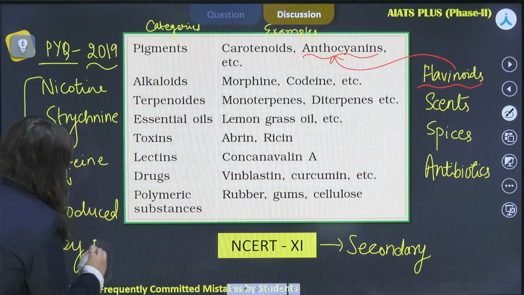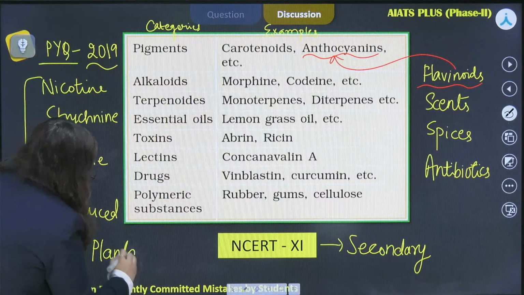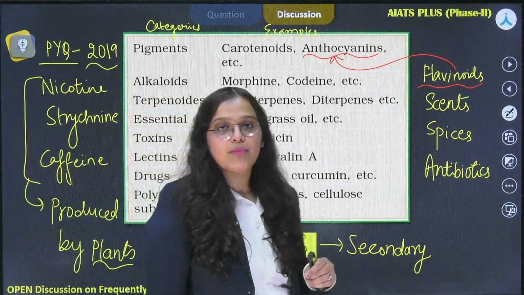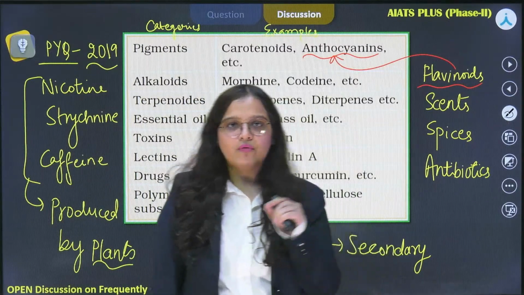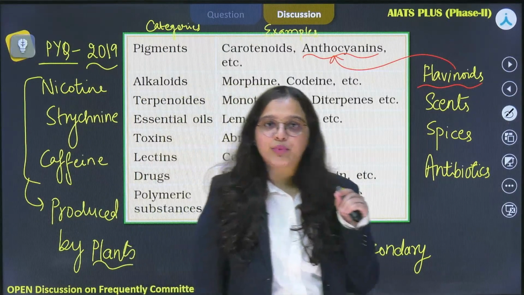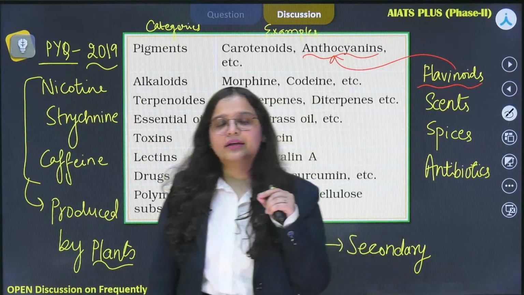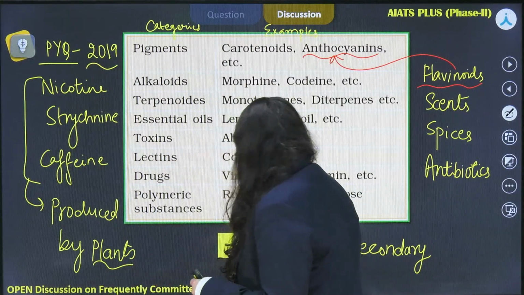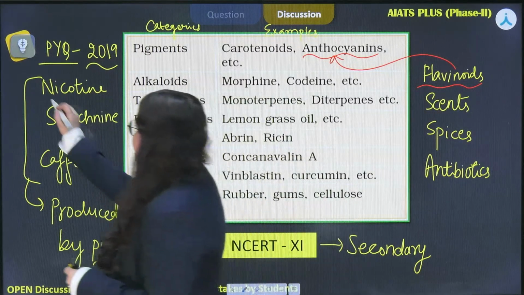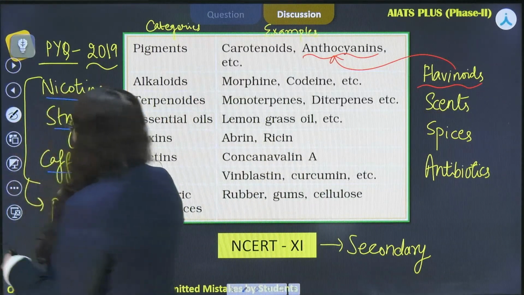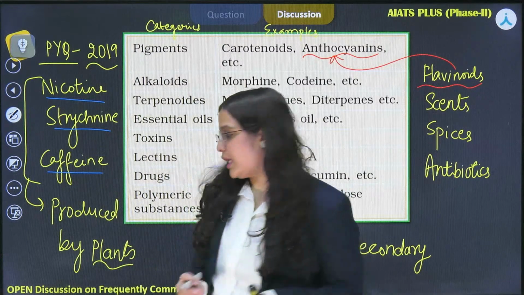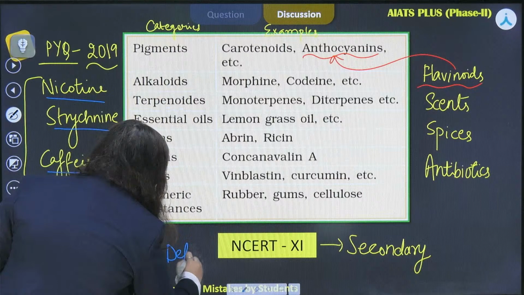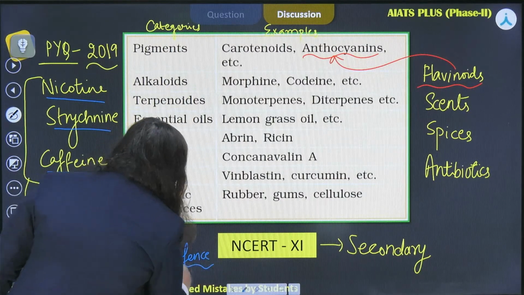and the question was demanding what is the role of these secondary metabolites in plants, and there were various options like reproductive role and developmental role, but the answer to this question was that these specific secondary metabolites help plant in defense. All right.